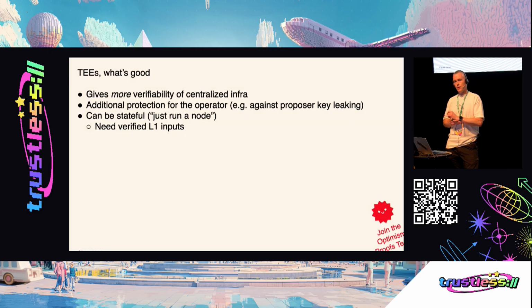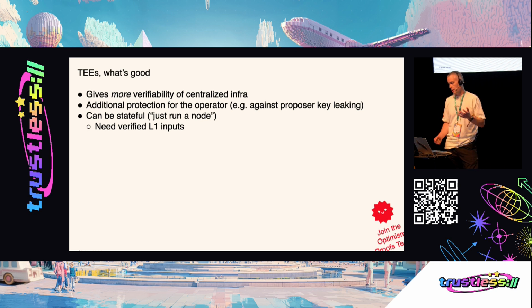So I think for any of the centralized infrastructure that chain operators are running, it is actually good to have those inside a TEE because if it's done right, you can actually be confident that they ran the exact version of the software that you're able to audit or look at.